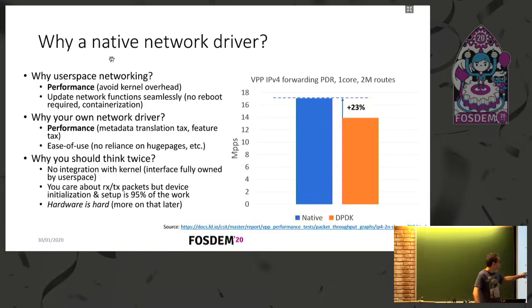The other point is the ease of use, which we found that DPDK can be quite picky about what it needs to run. Like, it really wants huge pages and this kind of stuff, which is not always easy to get in a containerized environment, etc. And so that's another thing we try to overcome with that.